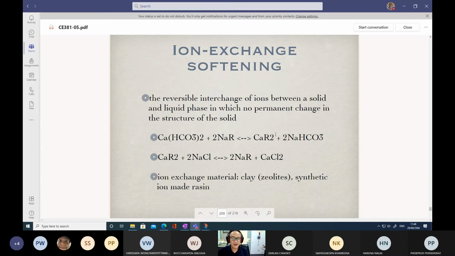But the problem with this ion exchange softening is, see here, we exchange calciums with the sodiums. So at the end, the amount of sodium in water will increase. We can now remove calciums, but we get sodiums.